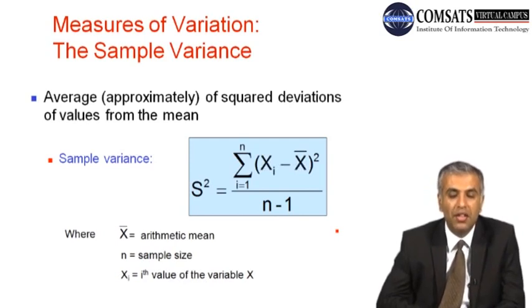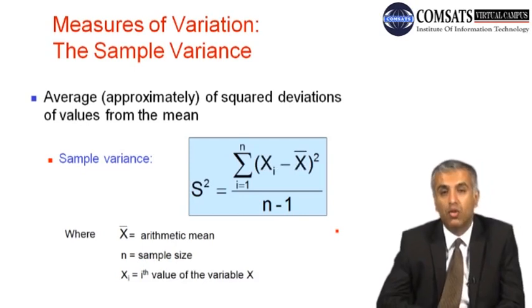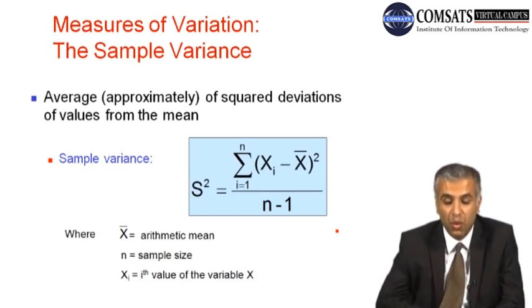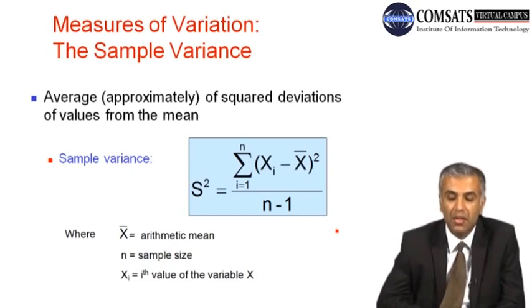Now the calculation of this specific measure can be done through the formula which you can see here. It's represented by S squared, which is the sample variance, and that's equivalent to the summation from i equals 1 to n of (xi minus x bar) squared, divided by n minus 1.